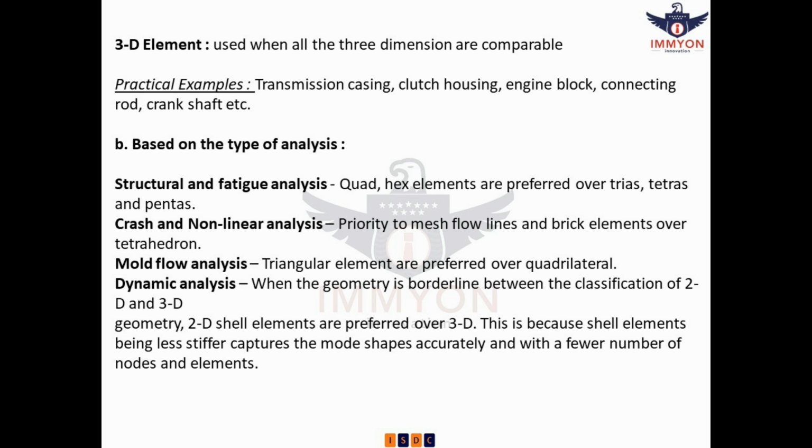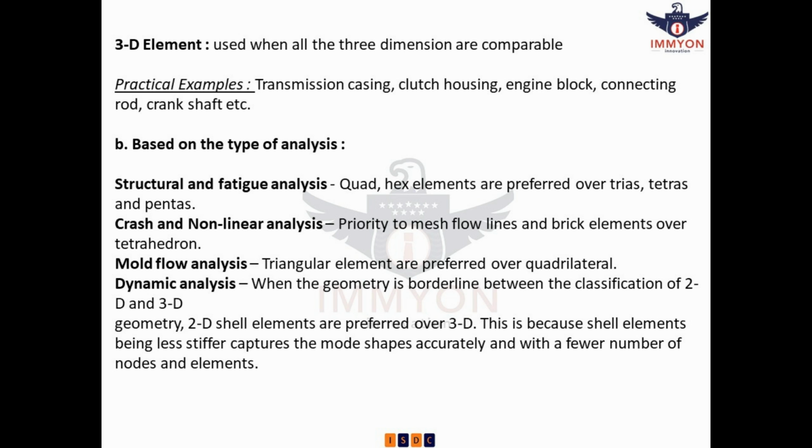B. Based on the type of analysis. Structural and fatigue analysis: quad and hex elements are preferred over trias, tetras, and pentas. Crash and nonlinear analysis: priority to mesh flow lines and brick elements over tetrahedron. Mold flow analysis: triangular elements are preferred over quadrilateral.